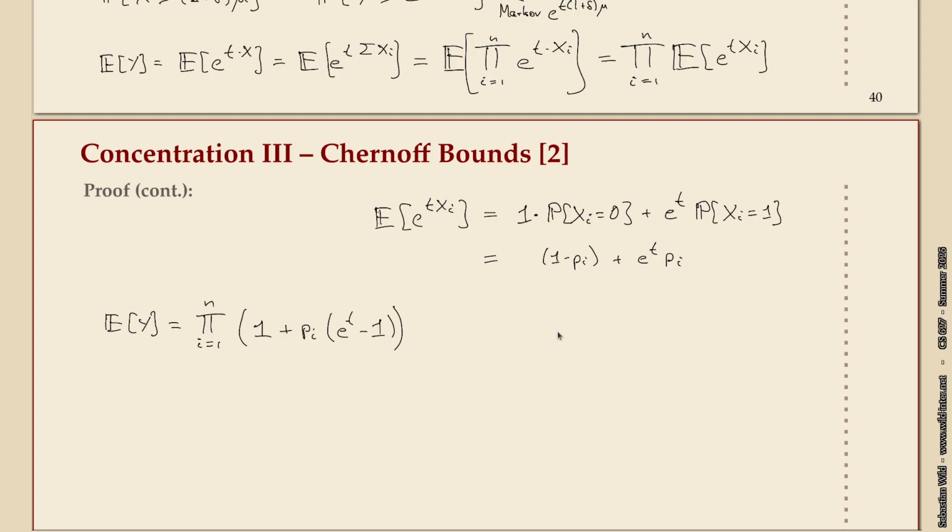And now we have to use a little trick. We're basically using the inequality 1 plus y is less than or equal to e to the y, which you could either look up on the TCS cheat sheet, or you remember that any convex function lies above all its tangents.